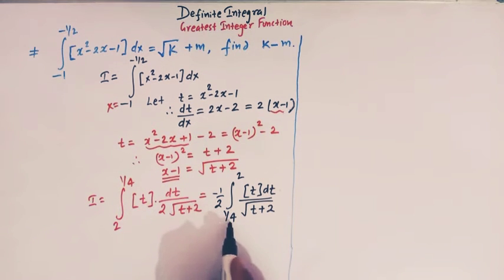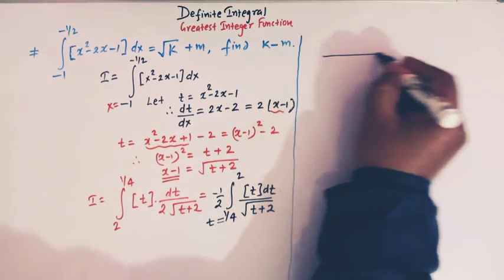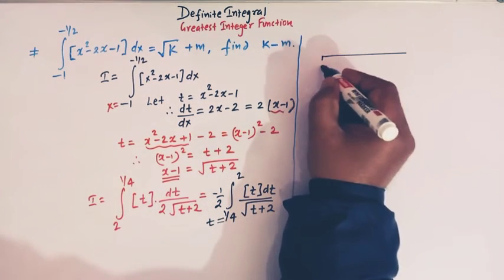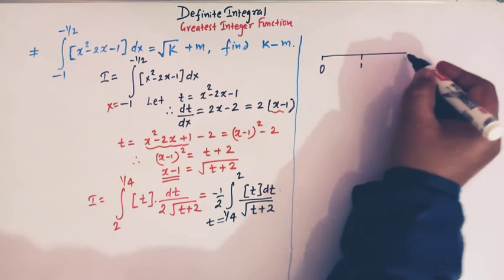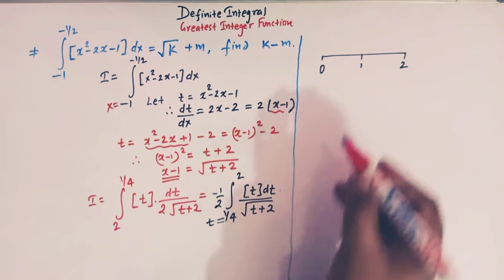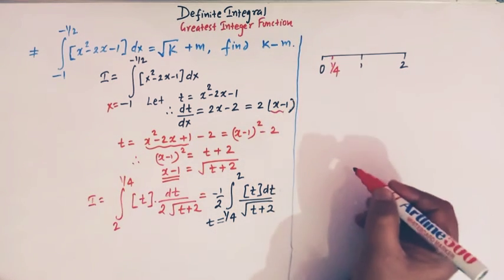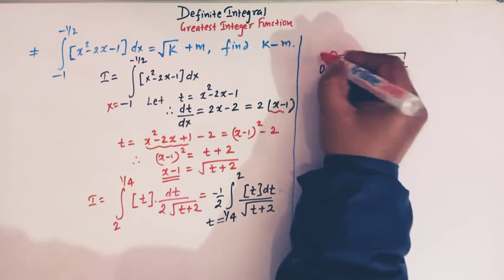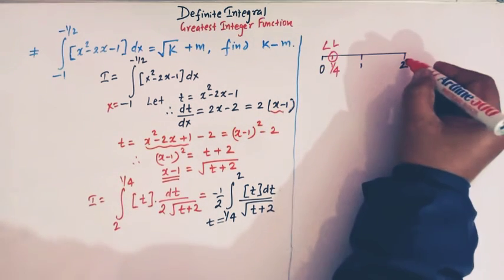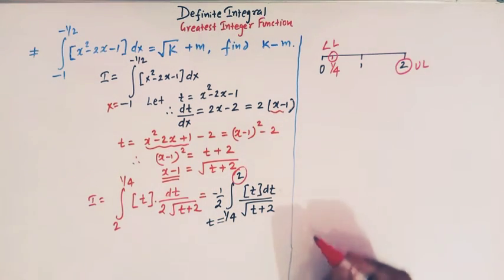Now viewers, we see that the value of t varies from 1 over 4 to 2. So here we can take 0, here we can take 1, and here we can take 2. The lower limit, 1 over 4, lies somewhere here, and this 2 is the upper limit.